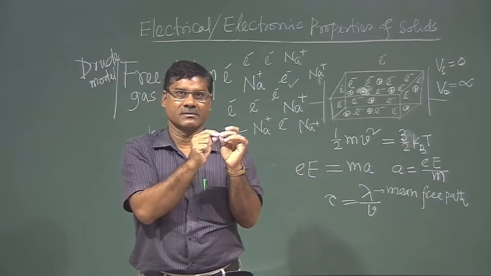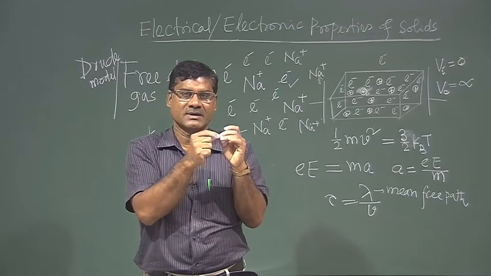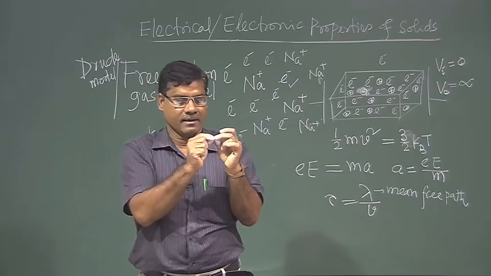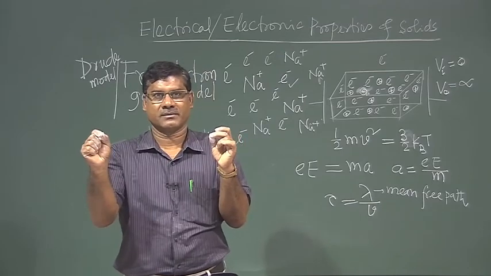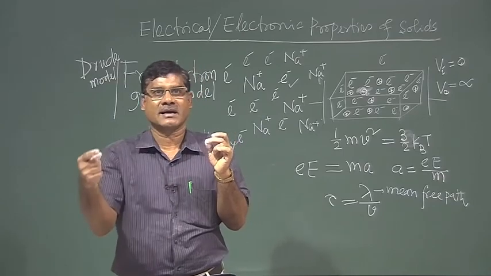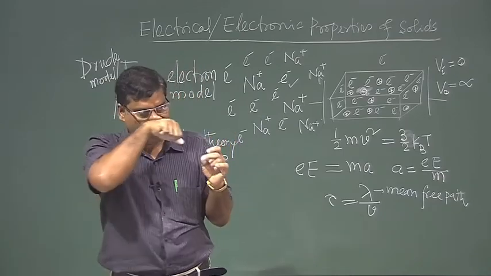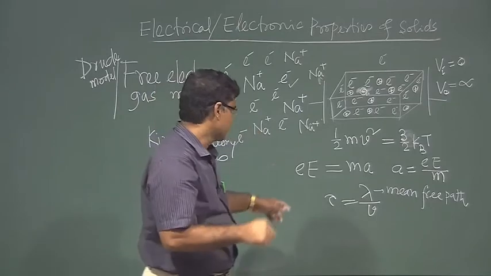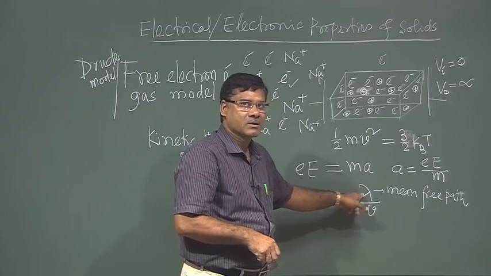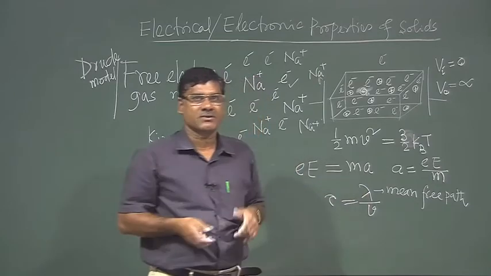So, after one collision it starts a fresh movement with fresh velocity, travels a distance lambda and then has another collision. So, this distance is basically lambda and it is called the mean free path because it is an average.